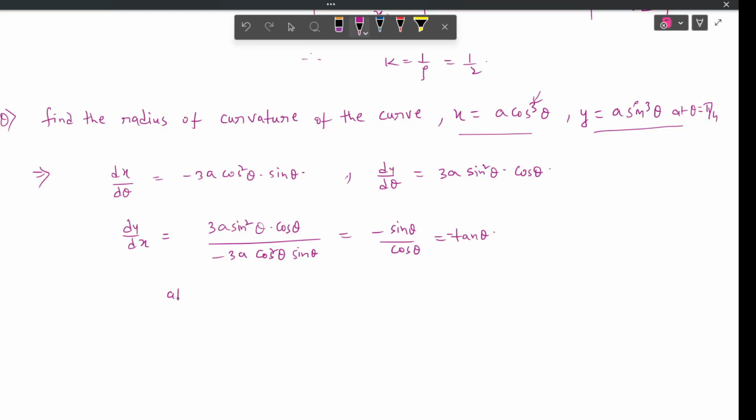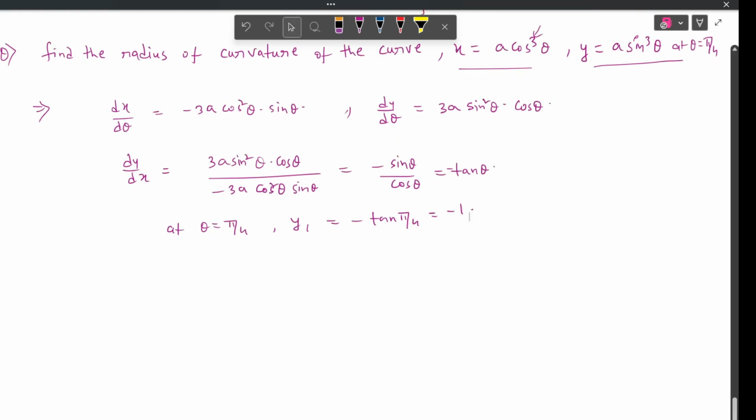At theta equals pi by 4, this is your y1, we can say. So y1 is minus tan pi by 4, that is minus 1. Now this is your dy by dx.